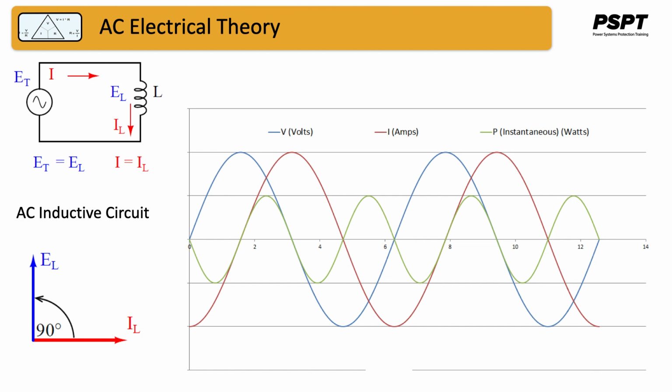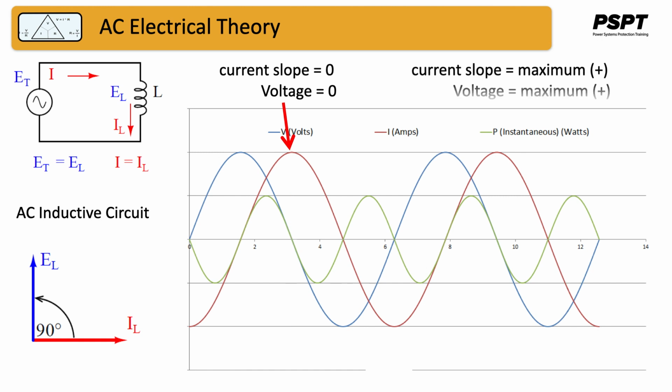You'll notice that when the current slope is 0 at the crest of its wave, the voltage is just crossing the 0 line, so voltage is 0, hence power is 0, and indeed that's what the green line shows here. Again, where the current slope is at a maximum, where it's crossing 0, voltage is a maximum, but because current is 0 at this point, so is the power 0.